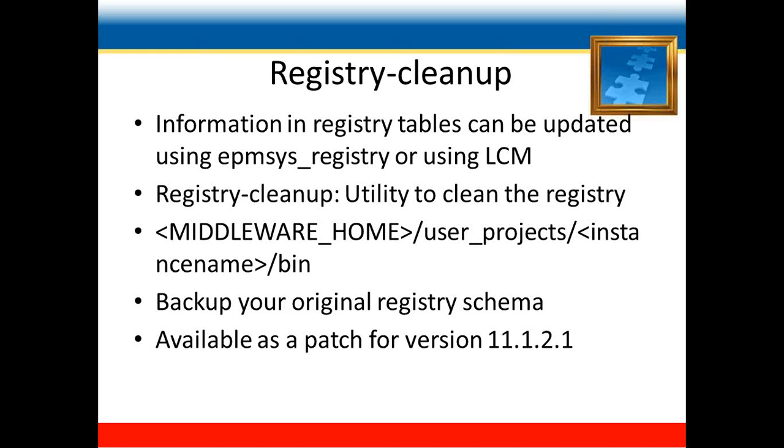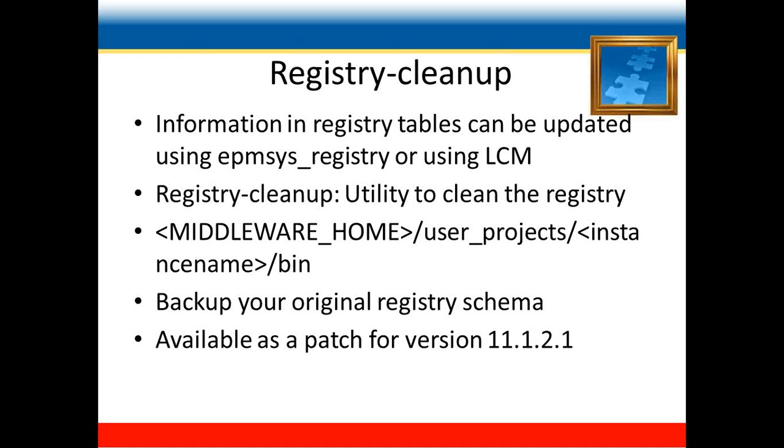As I mentioned earlier, this utility is available as a patch for version 11.1.2.1. Starting from version 11.1.2.3, Oracle made some changes to this utility, and provides a couple of options while running it.